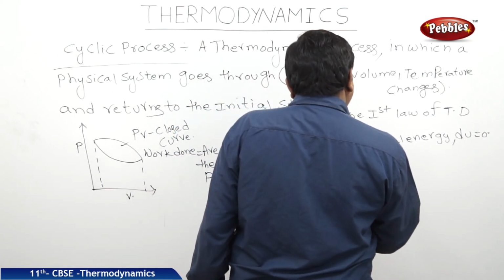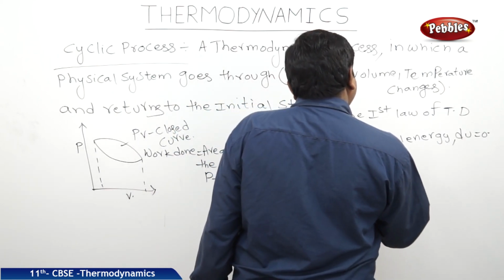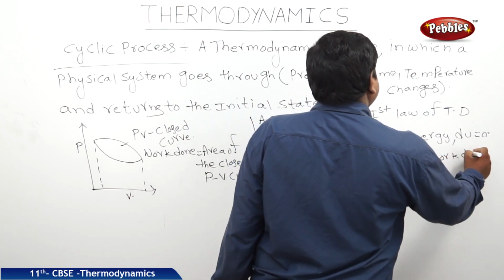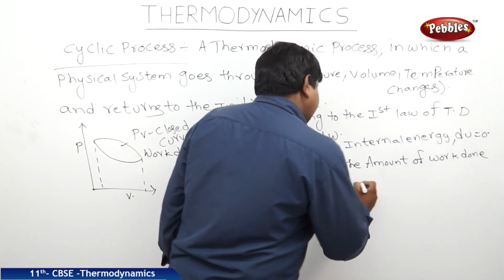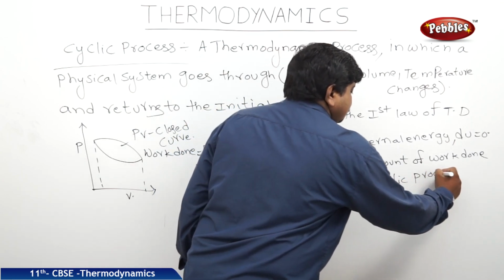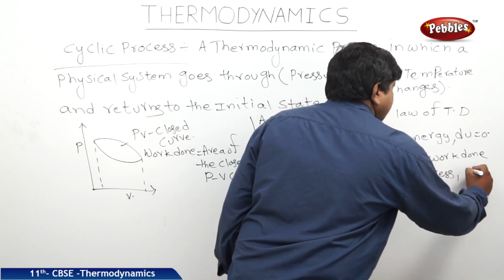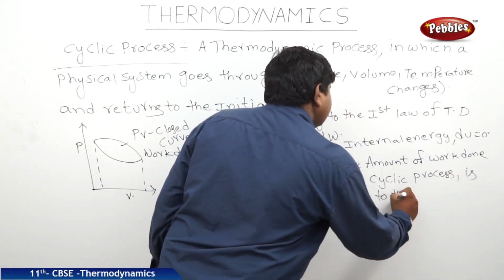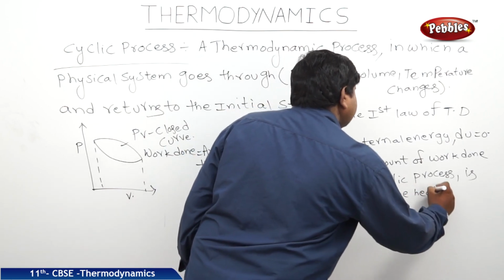The amount of work done in a cyclic process is equal to the heat energy supplied.